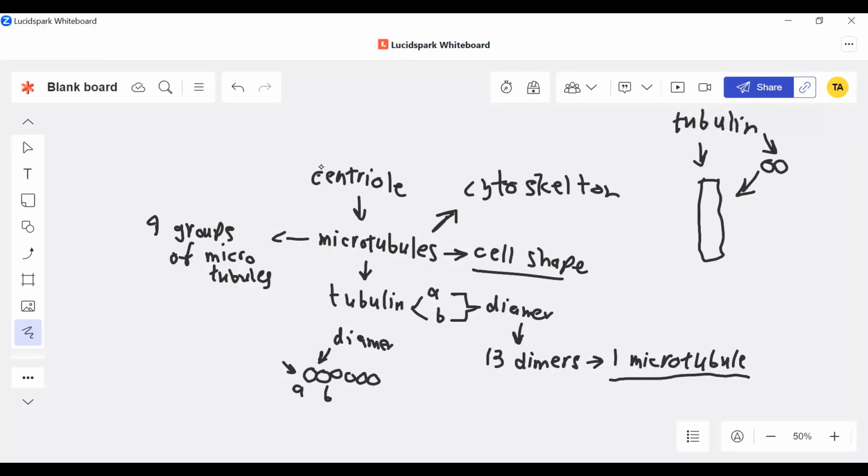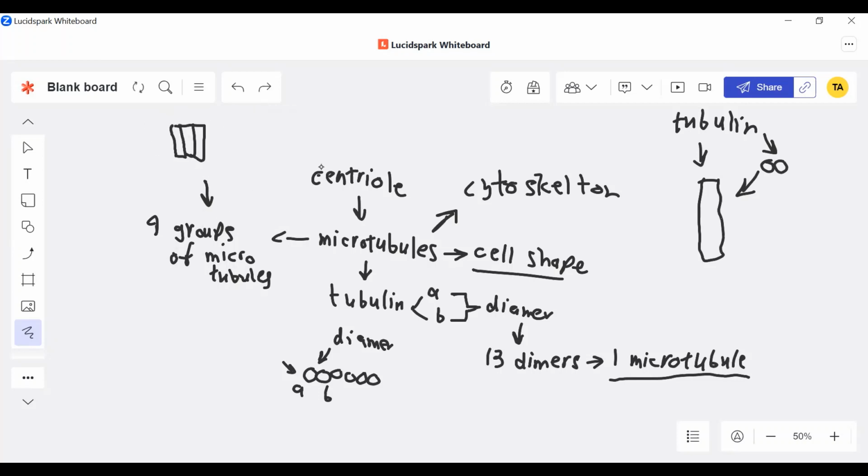Now comes the very important part. This thing right here: 9 groups of microtubules make up the centriole. What do I mean by groups? One group consists of 3 microtubules. Let's say this is one microtubule, this is the second, and this is the third. So 3 of these combine together and make one group.